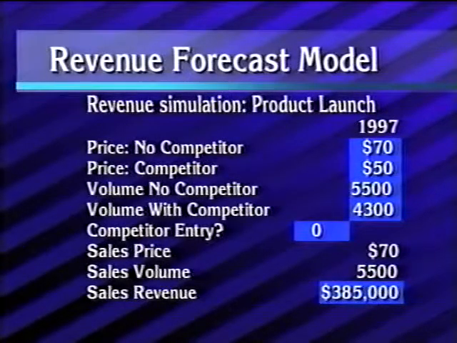I am not certain whether or not a competitor is going to enter my market. I don't know. In fact, maybe where we should start is looking at the assumptions associated with this model. One of the assumptions certainly has to be with the competitor entry.